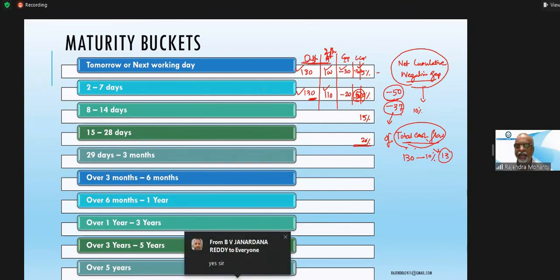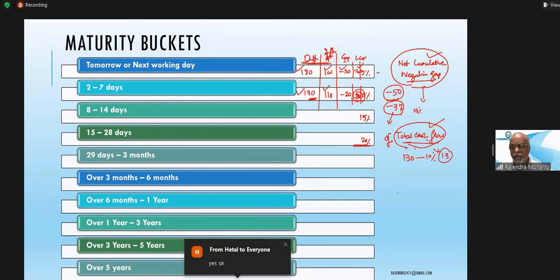So for each band it is applicable. When you are calculating that percentage for each band, you are calculating net cumulative gap. For each band, what is the total cash flow, and you see the percentage whether it is exceeding or not.